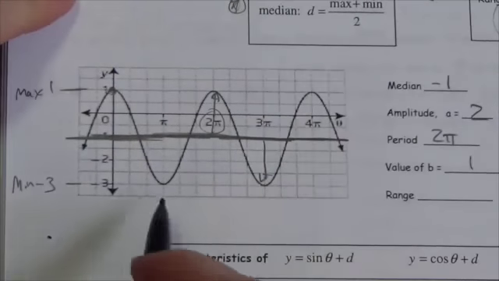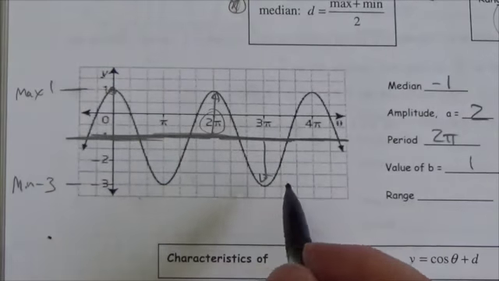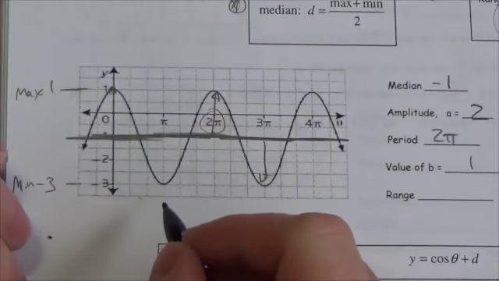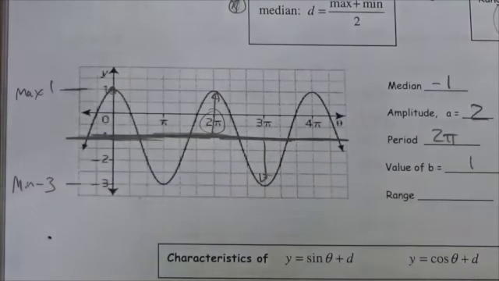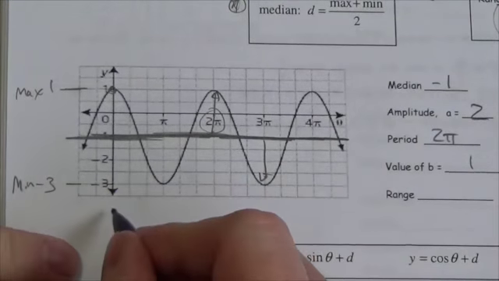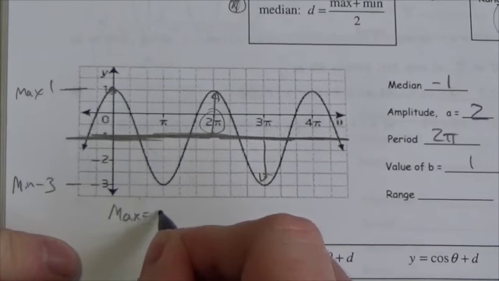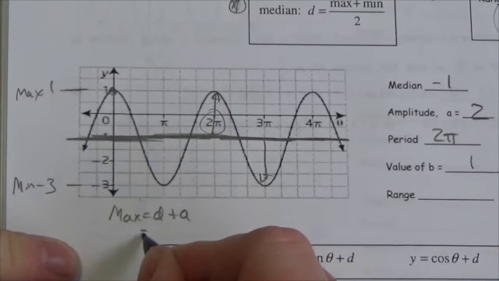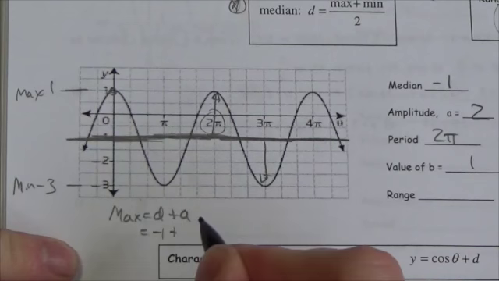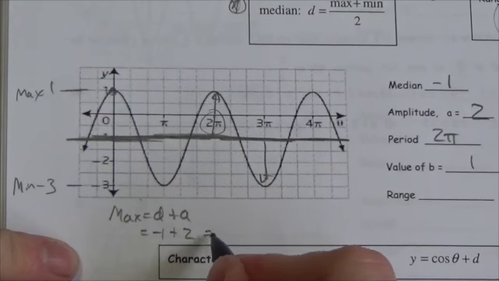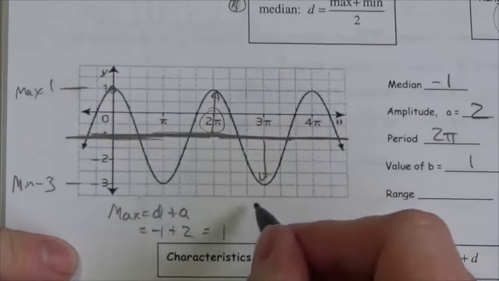And my range. I can read that off here, but I can also use my formula. In fact, I'm going to use the formula first, then compare it here. My maximum is going to be my d value plus my amplitude. My d value was negative 1, and my amplitude was 2, so my maximum value is going to be positive 1.